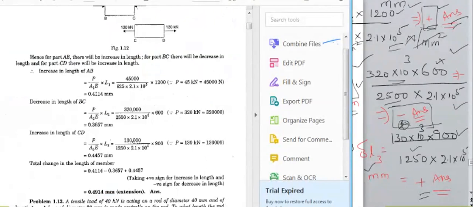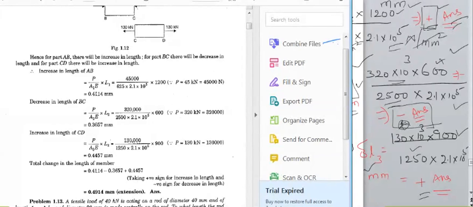The total elongation in the component is 0.4914. So only 5 people answered correctly. The elongation in the first portion is 0.4114 mm, a positive value.